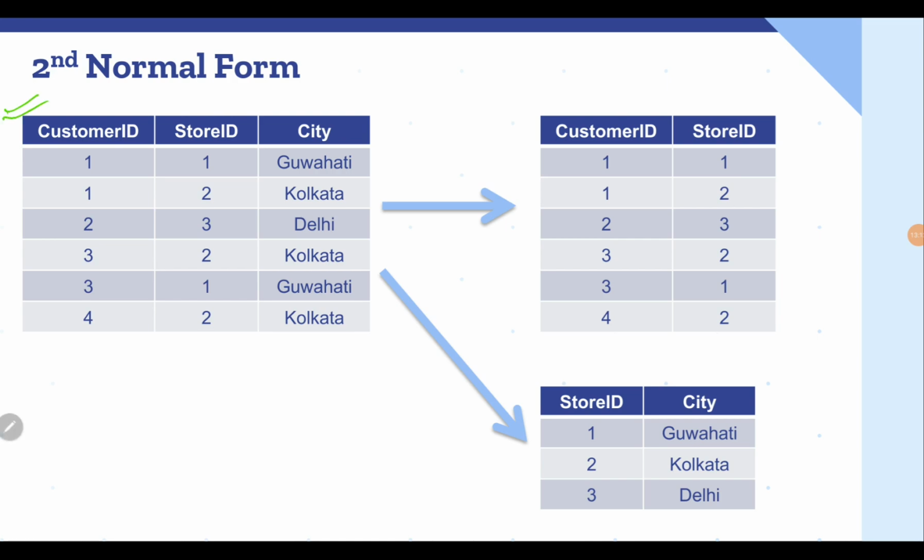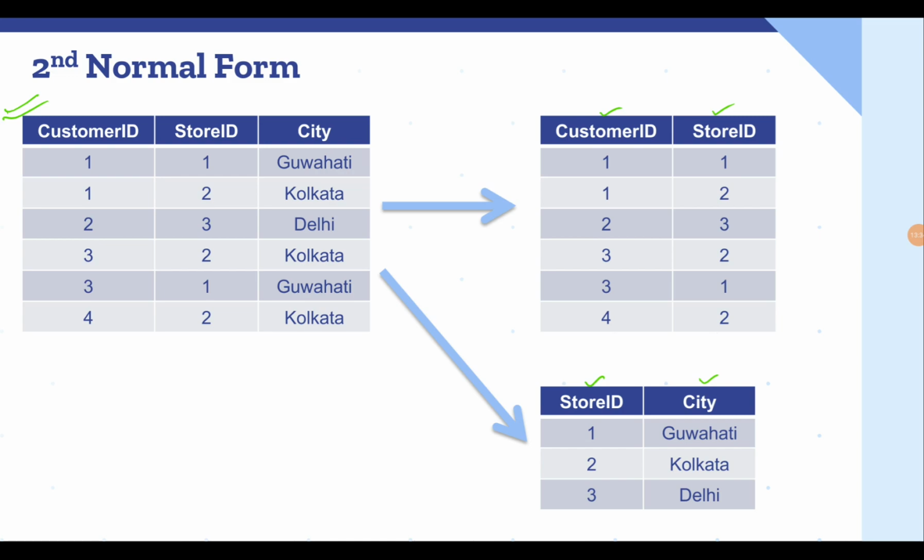What we have done is split the table into two different tables. In one table we are keeping customer ID and store ID, and in the other table we have store ID and city. Now we need to be very sure that we do not lose any data from the existing table after the decomposition.